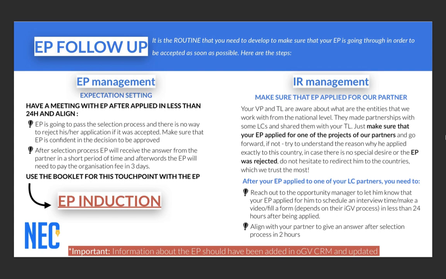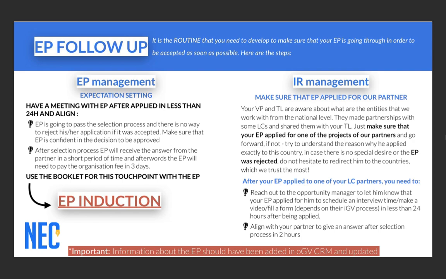After your EP applied to one of your LC partners, you need to reach out to the opportunity manager to let him know that your EP applied, to schedule an interview time, make a video or fill a form. It basically depends on their oGV process, because every single country has a different selection process.